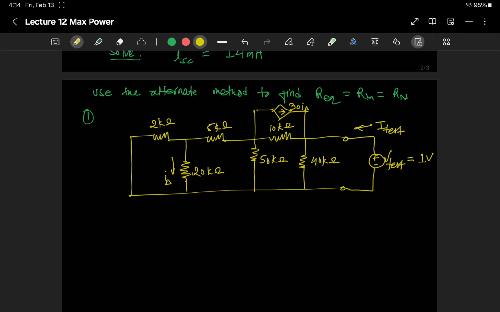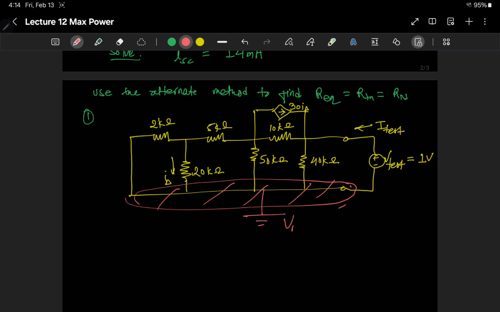Now looking into this circuit, we can say that node voltage would be a good method, because then we have this common node here, right? Everything from here to here will have zero voltage. So let's take this as V reference equals 0, right? And then we can apply the node voltage method here.